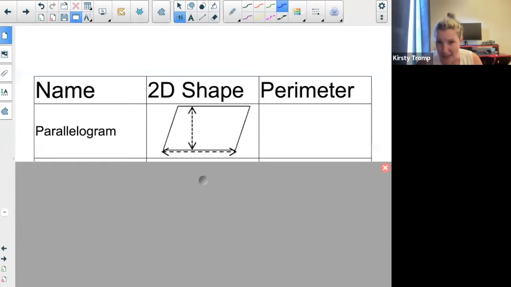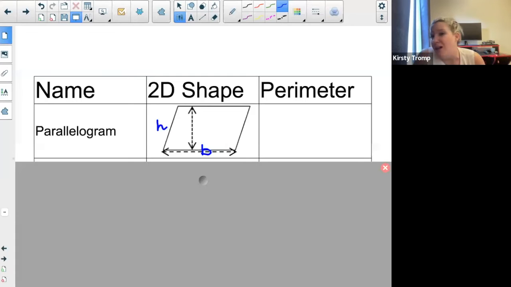If I'm looking at the sides of a parallelogram, it's fair to say that this bottom part we can call the base, or the length, or whatever we want to call it. And this top part, the sloping part, we normally call the height.